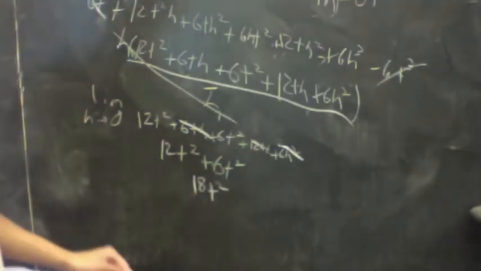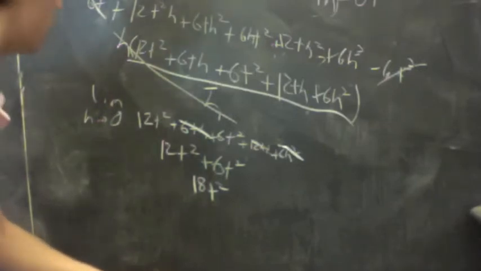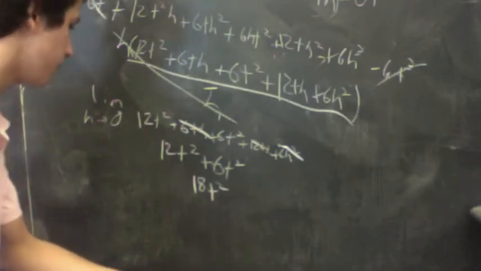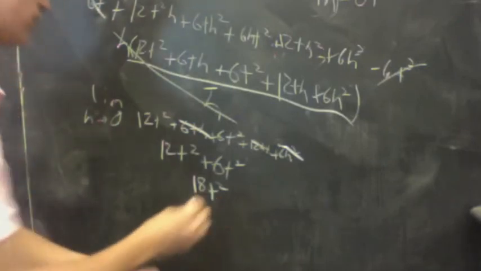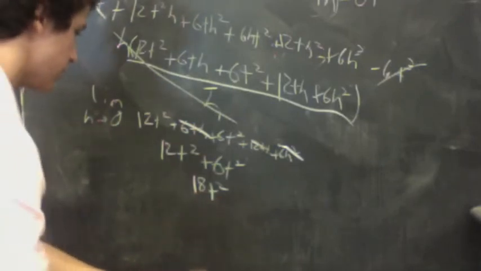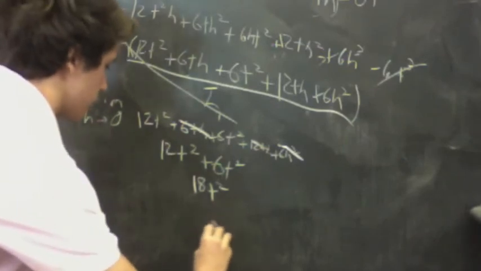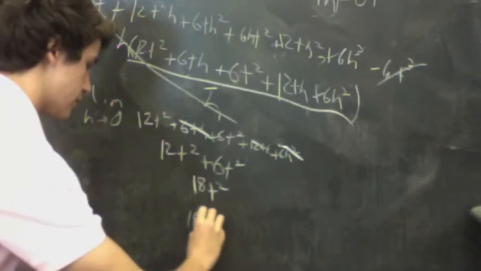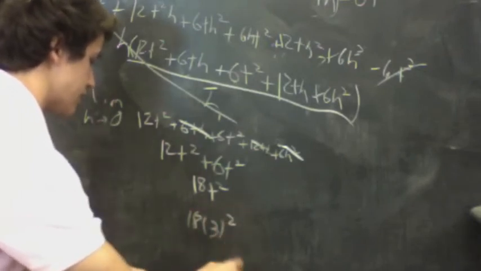And then now we just need to plug 3 in and figure out our instantaneous speed at 3 seconds. So all we do now is plug in 3. 18 times 3 squared, 18 times 9.